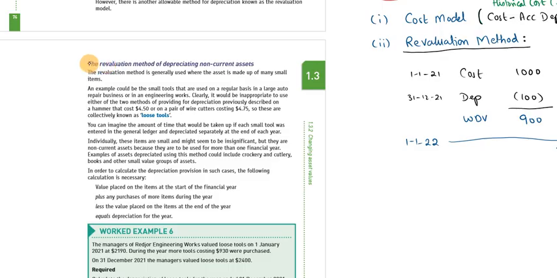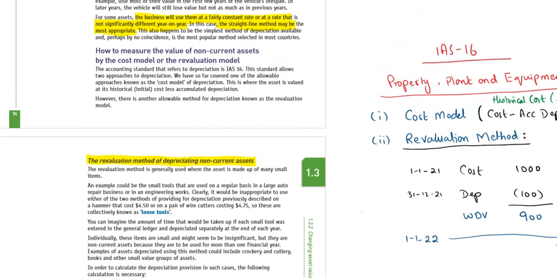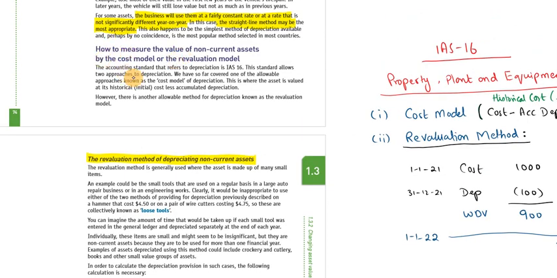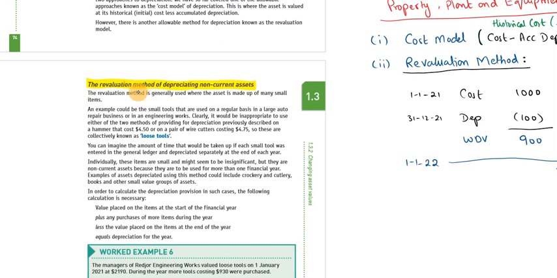The revaluation method, firstly I have to read this one. Cost model I have discussed. Now discuss this one, the revaluation method. The revaluation method is generally used where the asset is made up of small items.